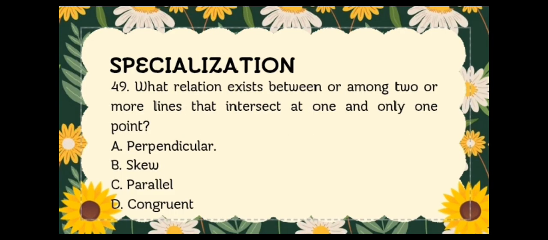49. What relation exists between or among two or more lines that intersect at one and only one point? A. Perpendicular. B. Skew. C. Parallel. D. Congruent.